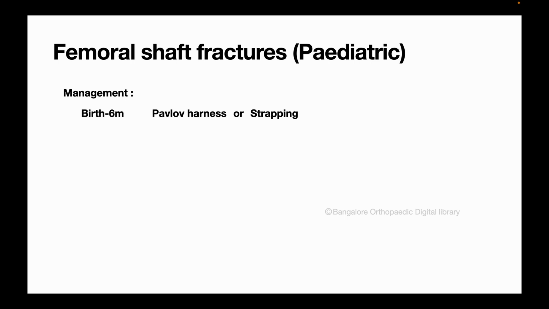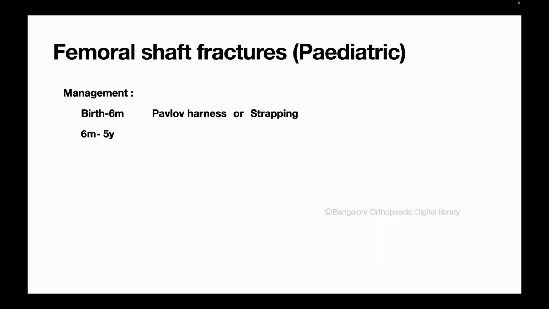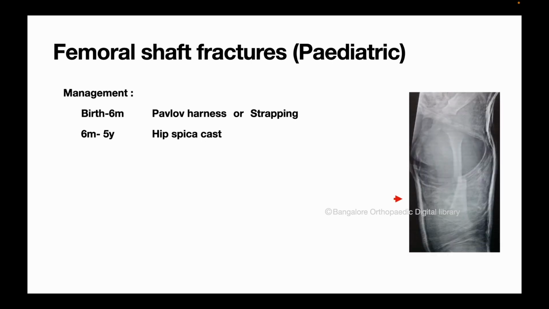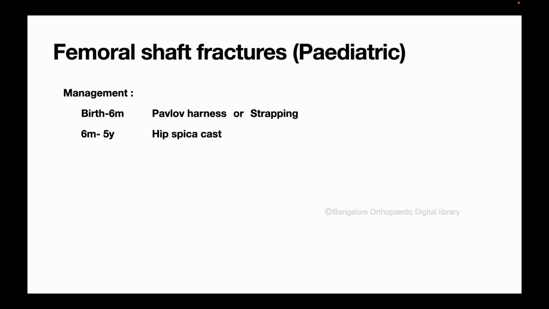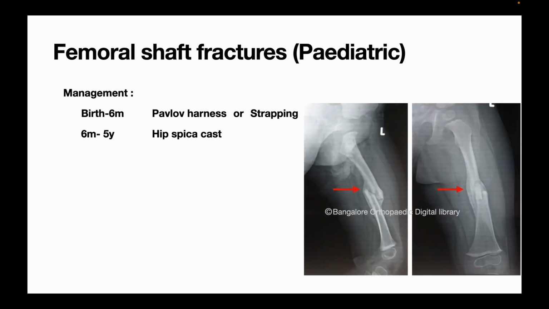From 6 months to roughly around 5 years, these fractures can be treated by hip spica application. Note the uniform molding of the plaster cast shown here. And now this has healed with an excellent callus formation as shown here.